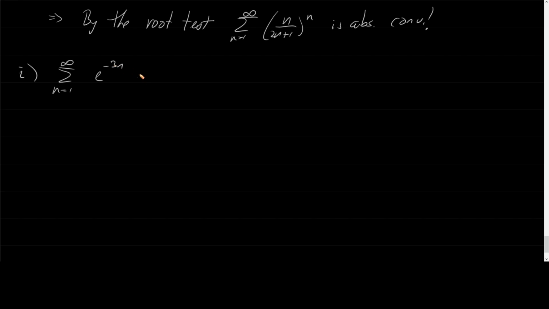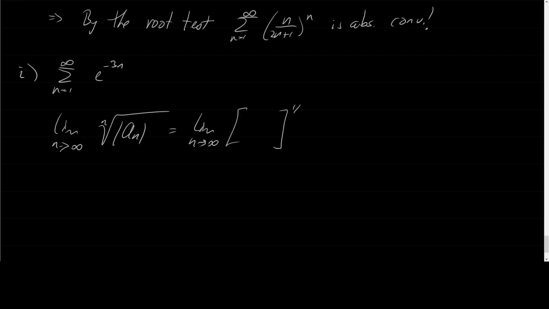If I do the root test here, so let's say we have the limit as n goes to infinity of the nth root of the absolute value of a sub n, which would be the limit as n goes to infinity of something to the 1 over n, and that something is e to the negative 3n, and multiplying those exponents, I end up with the limit as n goes to infinity of e to the negative 3, right?